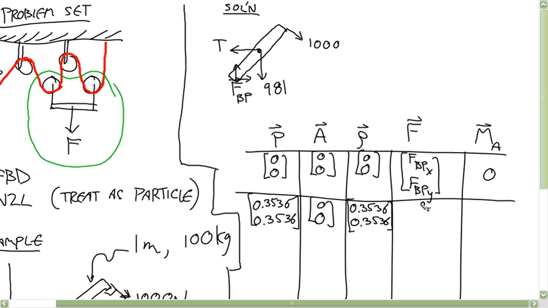Your force vector is 0, negative 981. So your moment is 0.3536 times negative 981 minus 0. And if you're like me, you get negative 346.88.